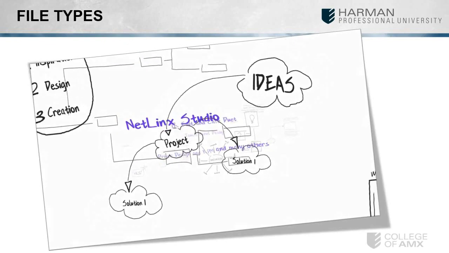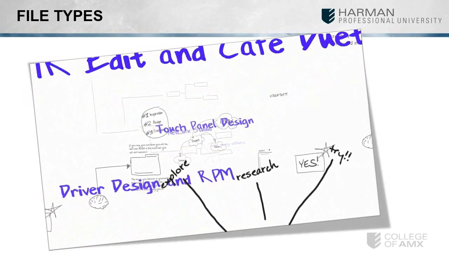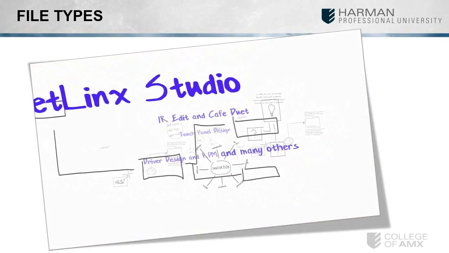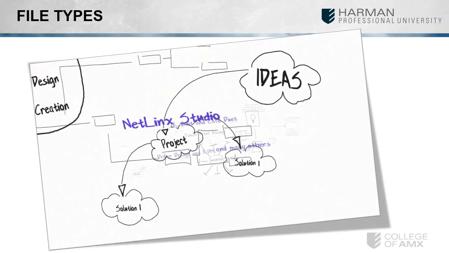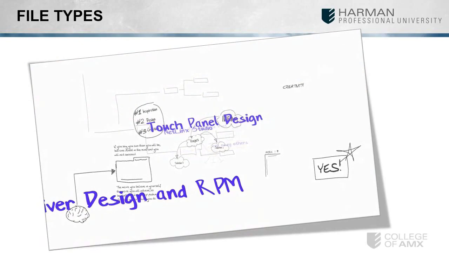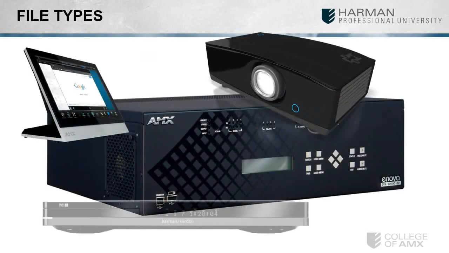The AMX software suite utilizes many different types of files. Each of these files have their own file extension. Once you become familiar with the different file types and their extensions, it's easy to recognize which particular software package utilizes each file type. A control system typically uses several different types of files.